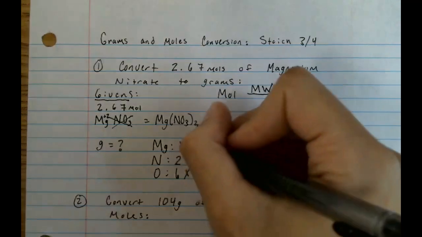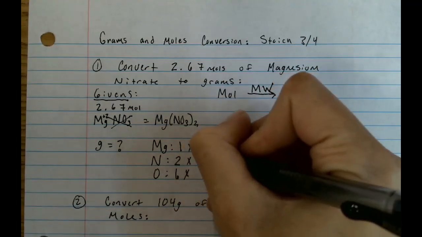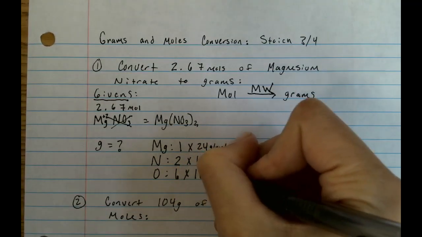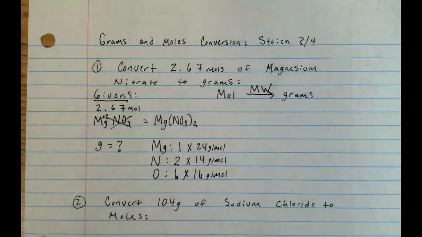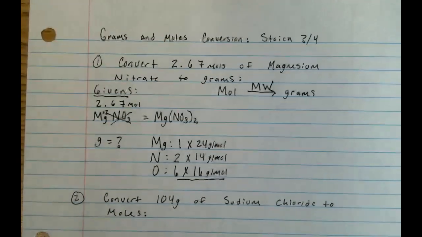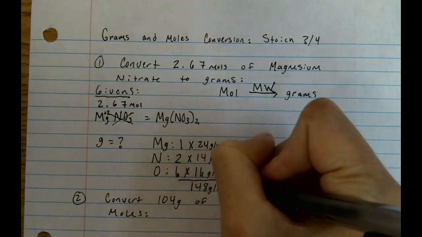Magnesium is 24 grams per mole, nitrogen is 14 grams per mole, and oxygen is about 16 grams per mole. I'm going to multiply out all of these numbers and then add them all together. I'm just going to punch this into my calculator, and I get 148 grams per mole.